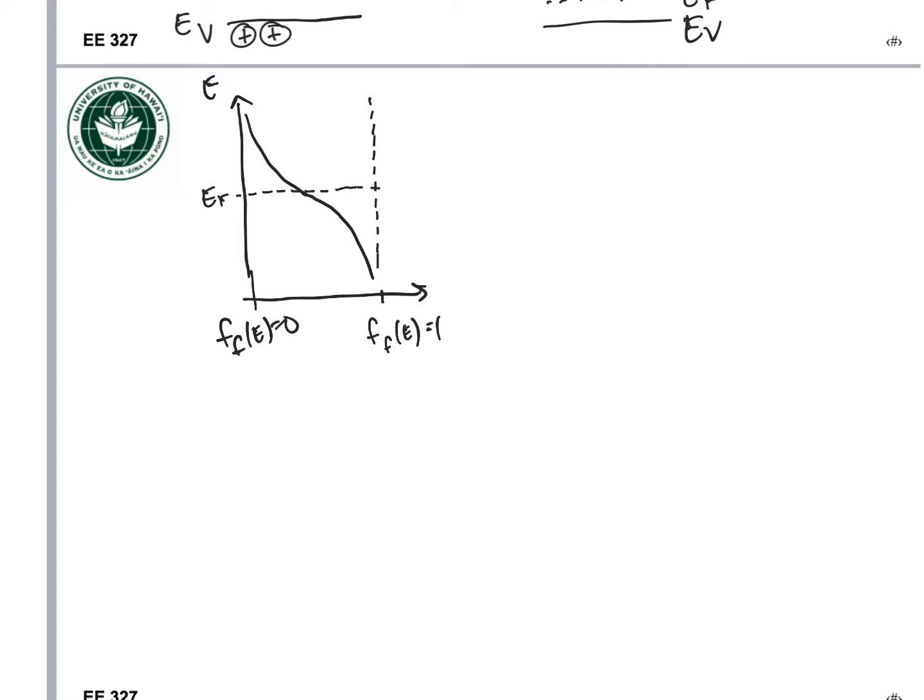Now at the same time, I'm plotting two different things. I'm also going to plot the density of states as a function of energy, and we saw that graph on the first slide of this lecture.